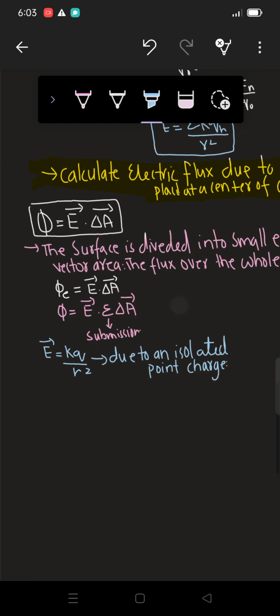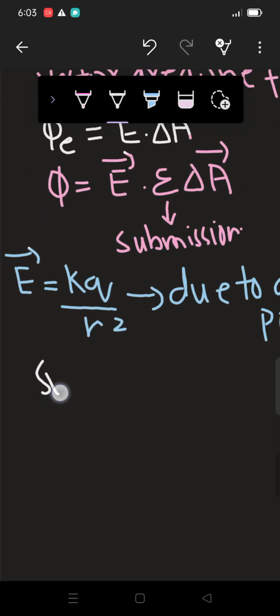So let's substitute the value of the electric field into this formula.